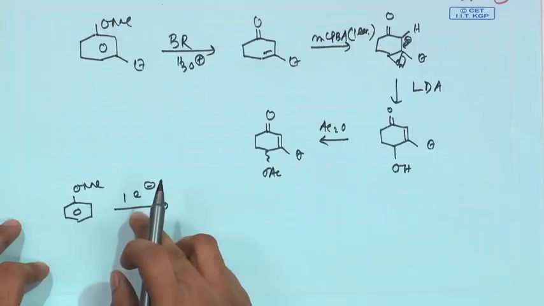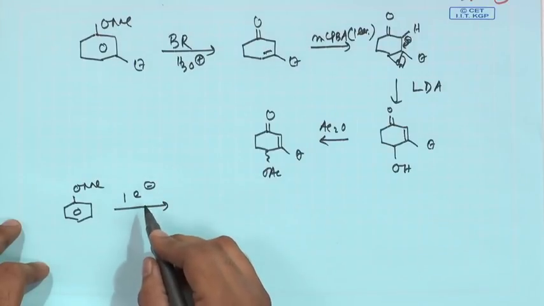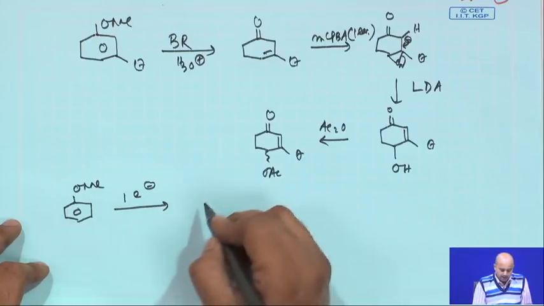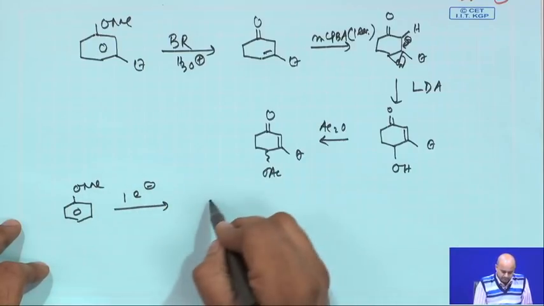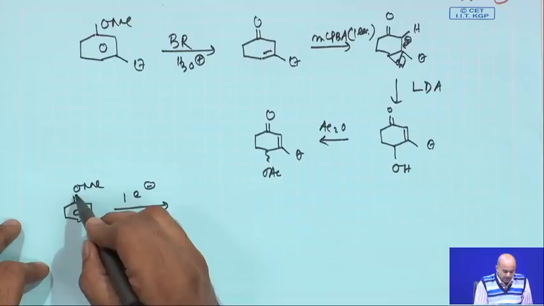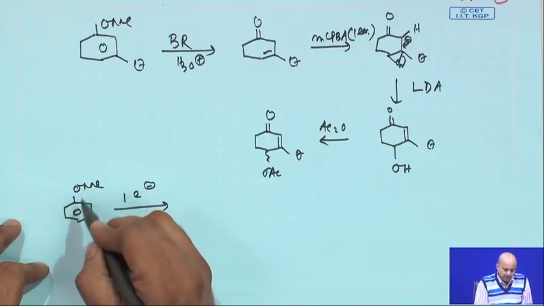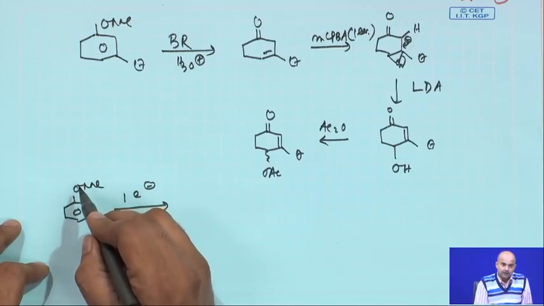Sodium, once you dissolve it in liquid ammonia, gives you a single electron. Now, this single electron attacks the aromatic hydrocarbon. Depending on this group, which is an OMe, though it has electron withdrawing ability, it is also electron releasing, and its electron releasing capacity is much more than its inductive effect.